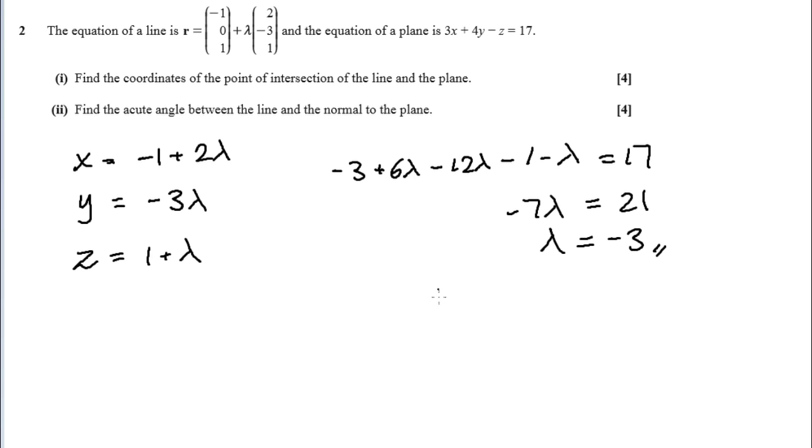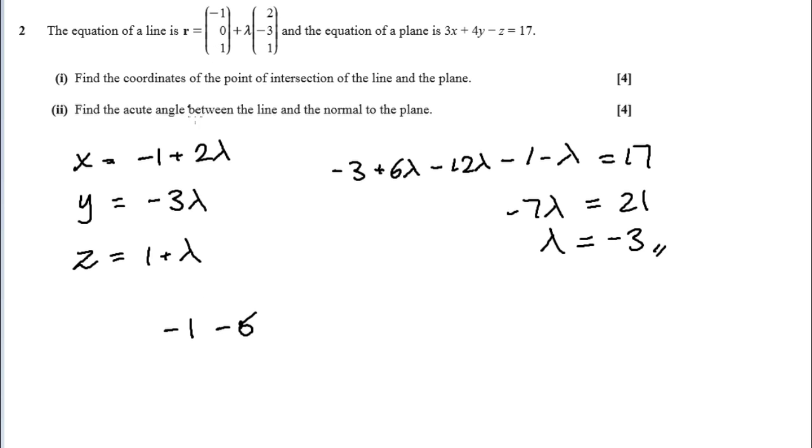With that information, we can substitute this lambda value into the line equation to give us a single point, and that would be the point on the plane which goes through R. So we have -1 plus -3 lots of 2, which is -6.